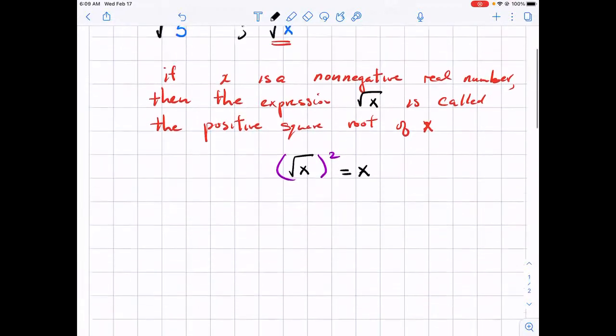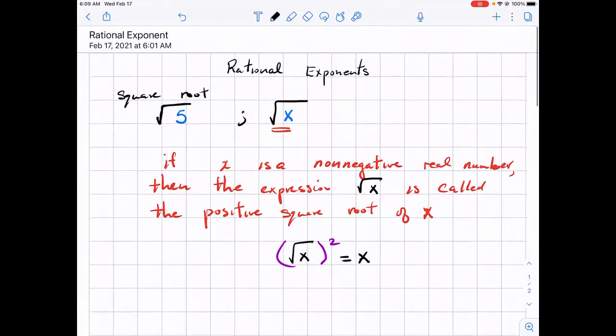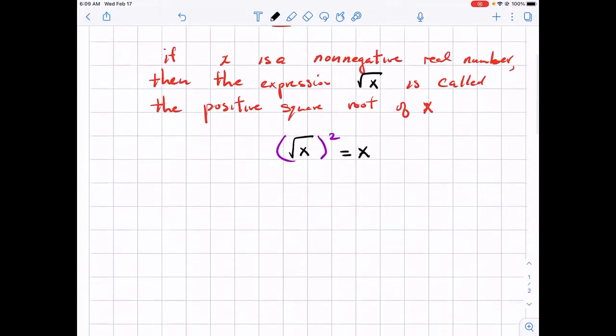Now, there is also the negative root of x. So we also have, and be very careful, the negative square root of x. And this is defined in a similar way.